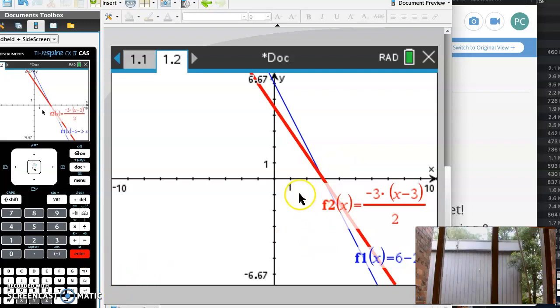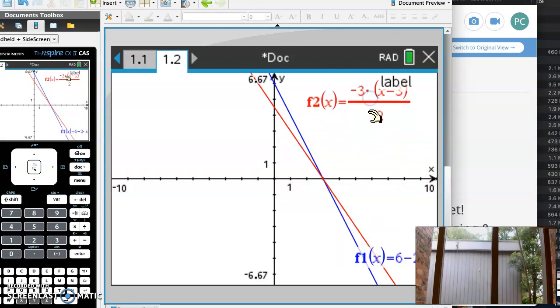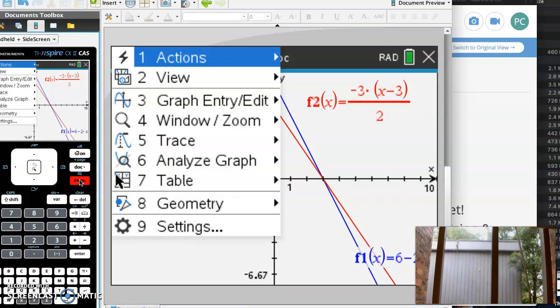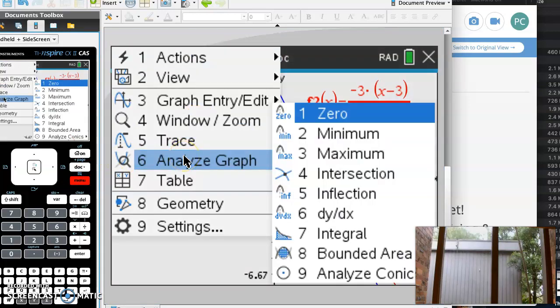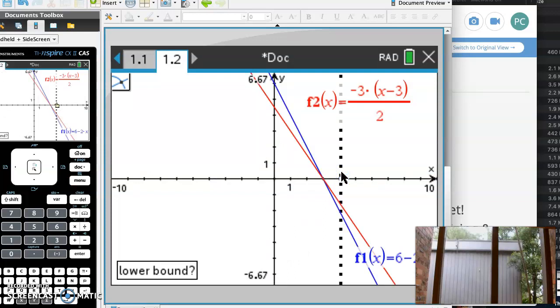Now when I've got a graph page like that, I can find out where those two, just move that out of the way, where those two intersect. I can do that on my graph page by going to Menu, Analyze Graph, Intersection. You'll notice down in this bottom left corner it asks for the lower bound.